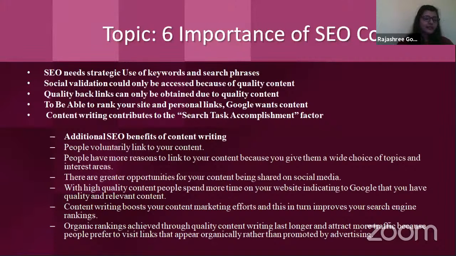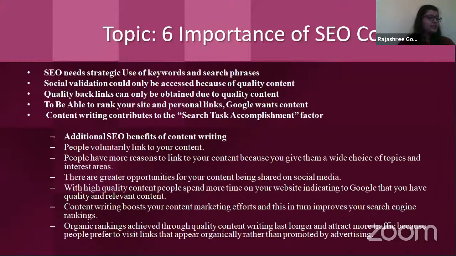Hence, while you are writing the content, make sure it is informative and relevant to what you are about. Suppose you are writing for your business of selling shoes, make sure your content sticks to your business idea and your core topic, and it should be informative. So here are a few other additional SEO benefits of content writing.